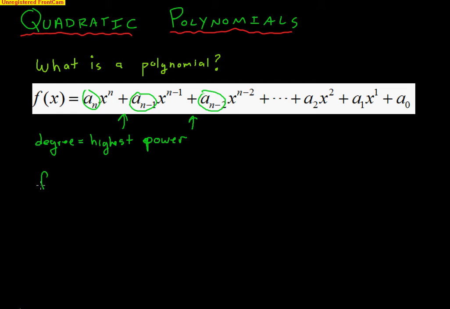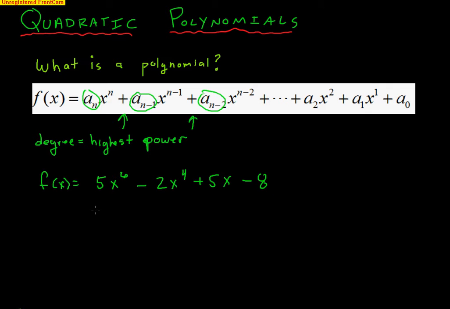Alright, so let me give you a quick example here. I have 5x to the 6th minus 2x to the 4th plus 5x minus 8. You may notice I skipped several powers, for example the 5th power, 3rd power, 2nd power, and so forth. That's completely okay. That just means there were zeros there.